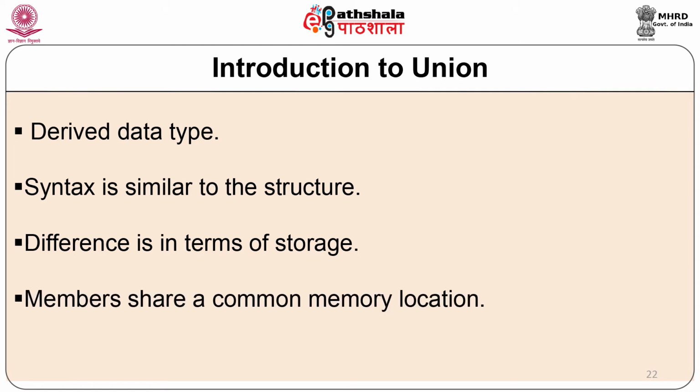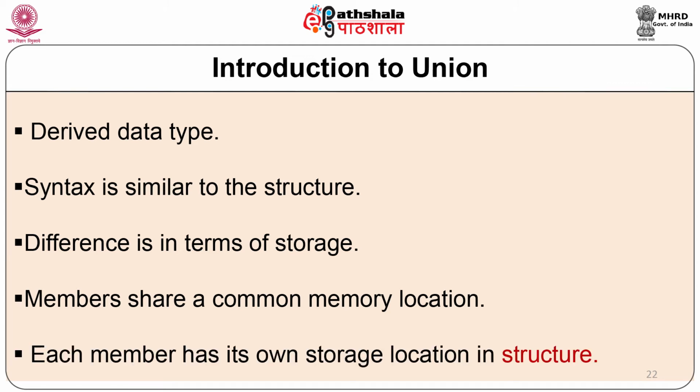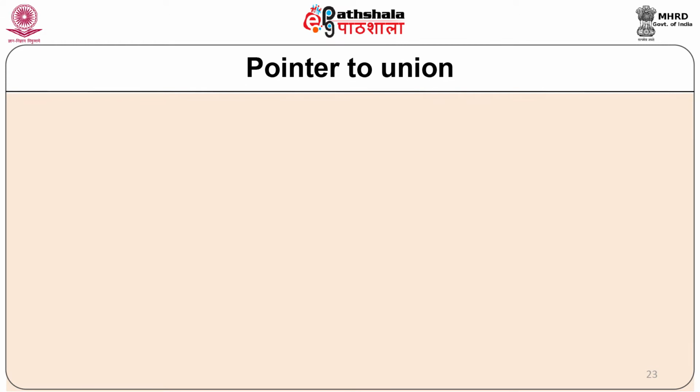In a union, all the members share a common memory location, whereas in a structure each member has a separate memory location. We have also studied the basics of union previously, including how to access members of a union.